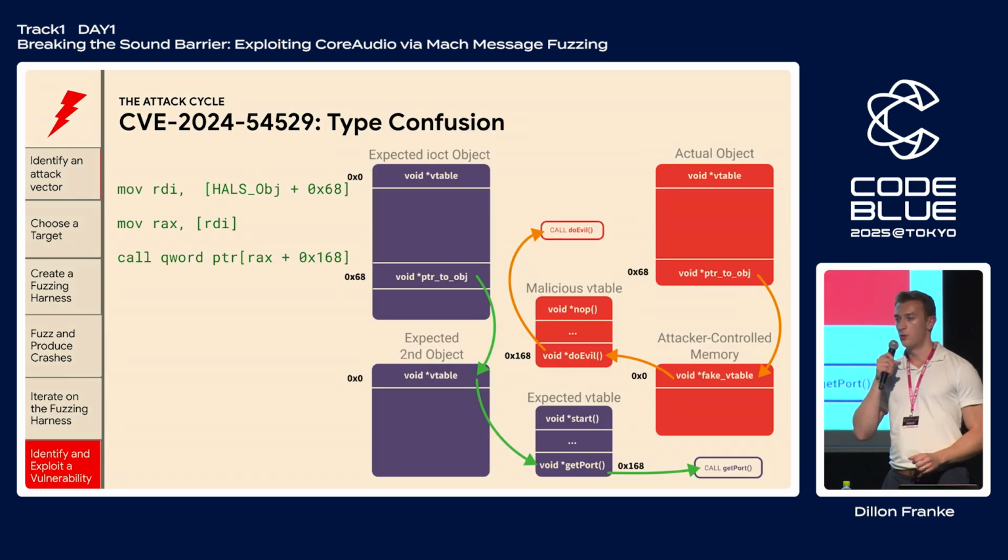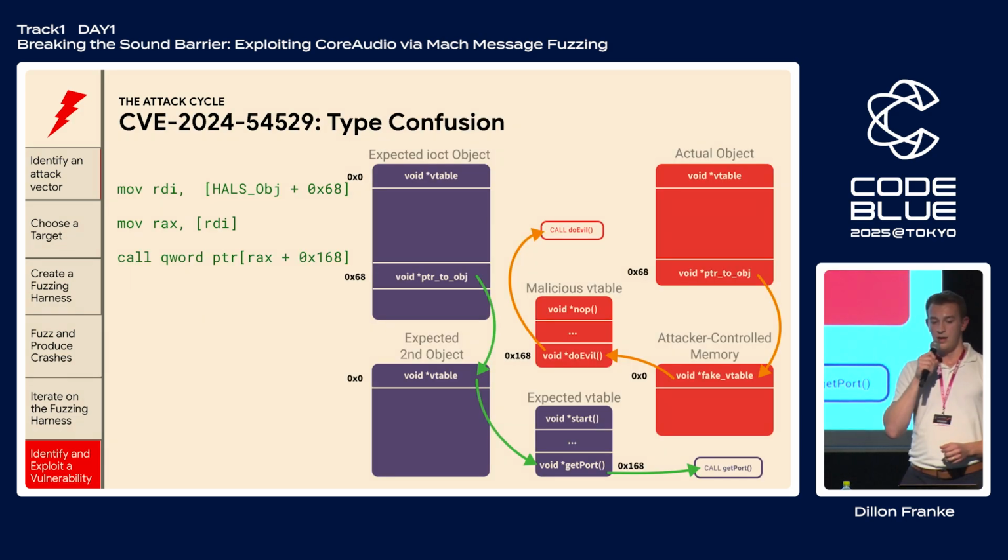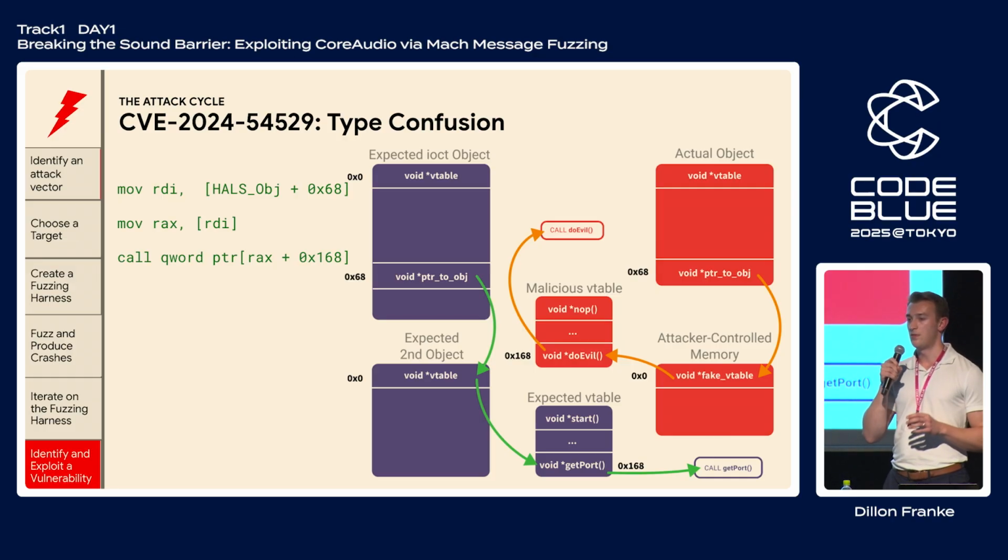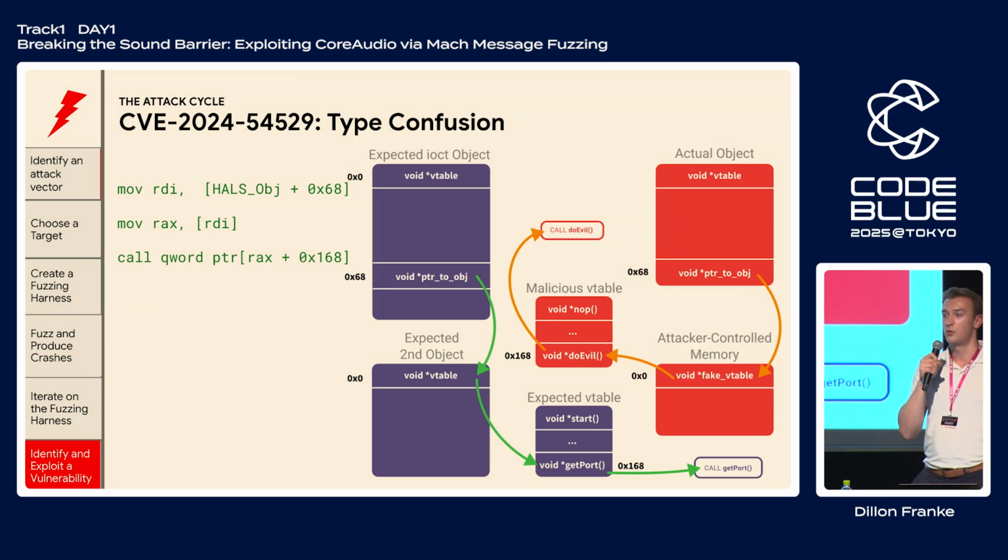To show you a bit more graphically what was going on, this is known as a type confusion vulnerability because the code was expecting a specific type to be present and to have a specific structure. It expected this IO control type that you see in blue on the left. It was expecting a pointer at offset hex 68 that would then point to that second object, which contained a vtable, and then it contains some sort of function.